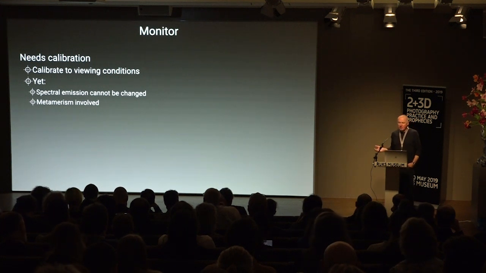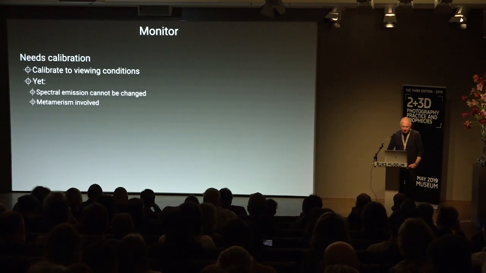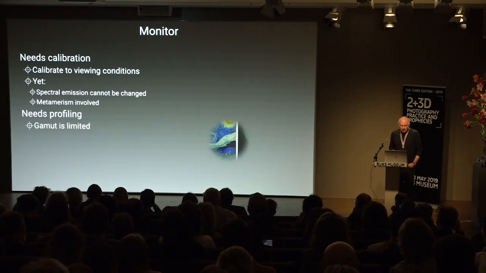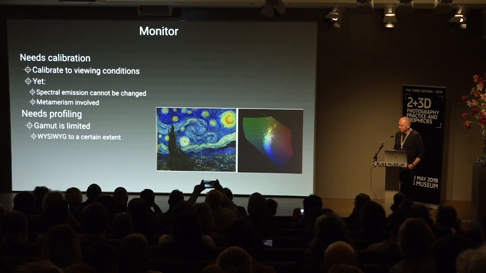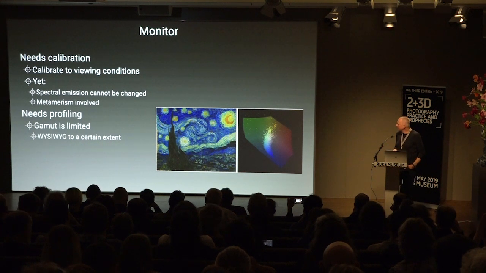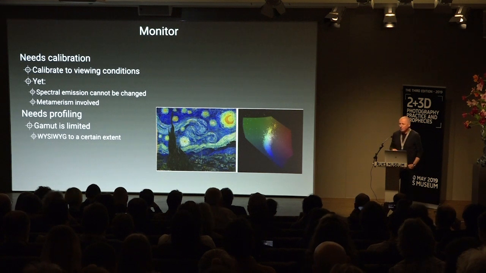It's defined by the backlight and the LCD elements. So metamerism is involved here. We also need to profile a monitor so that our workflow knows what the monitor looks like. The gamut is limited, so you can see that here. There are colors outside our monitor space.